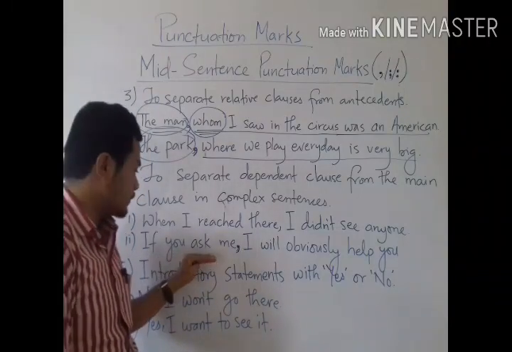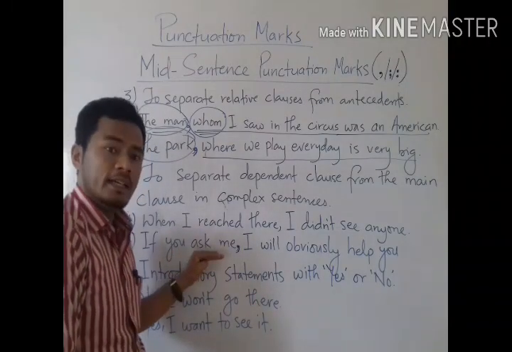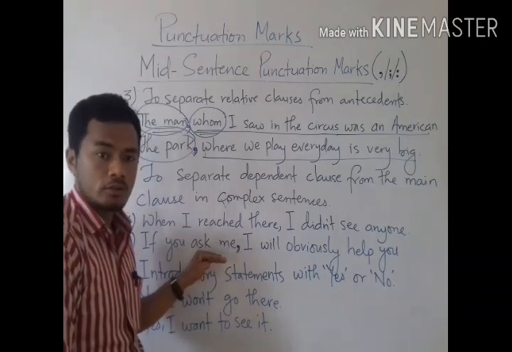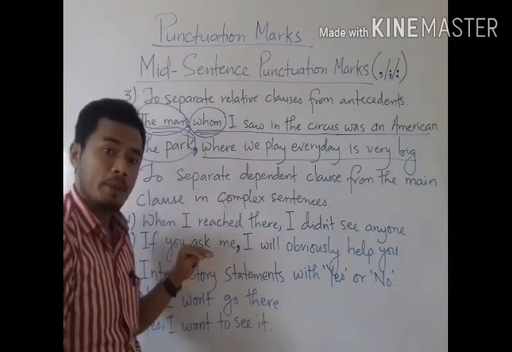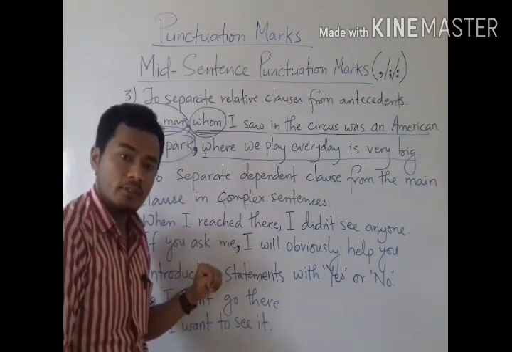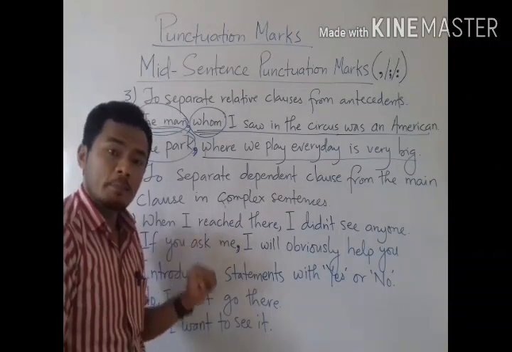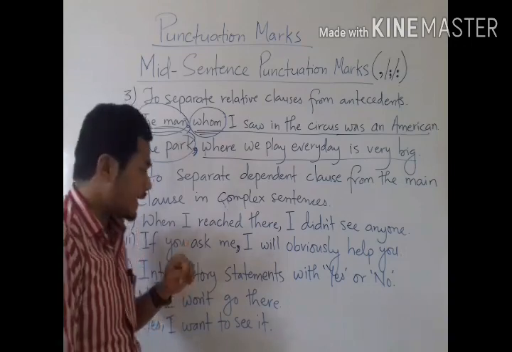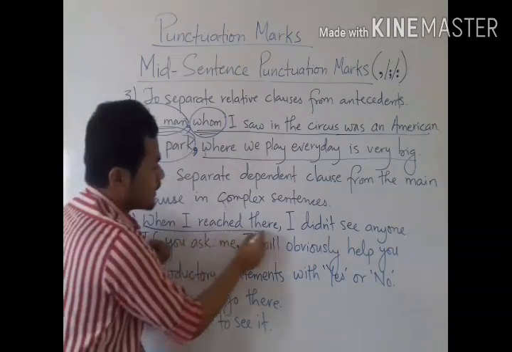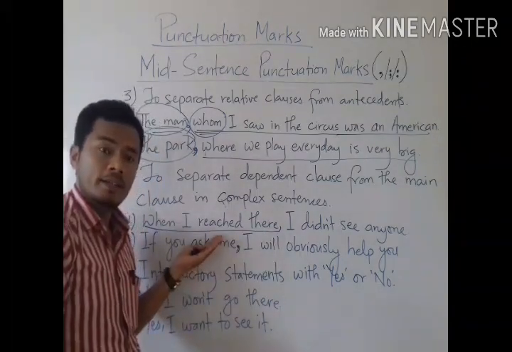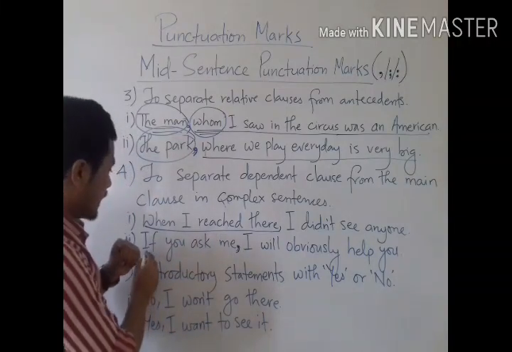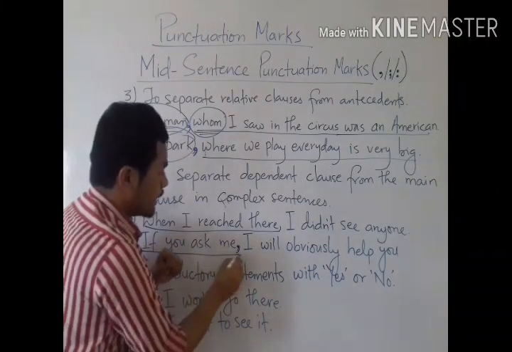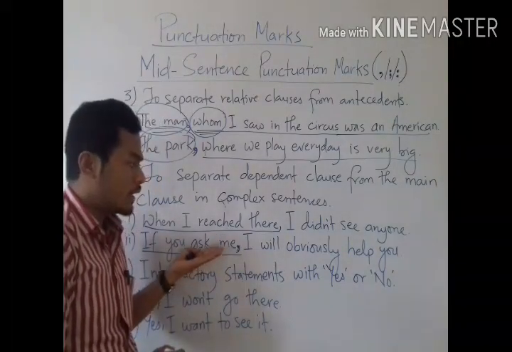Like if you ask me, this is a dependent clause. Okay, so if I write a dependent clause at the beginning of the sentence, then I have to separate that dependent clause by using comma. Okay, like here, when I reach there, this is also a dependent clause, and if you ask me, this is also a dependent clause.